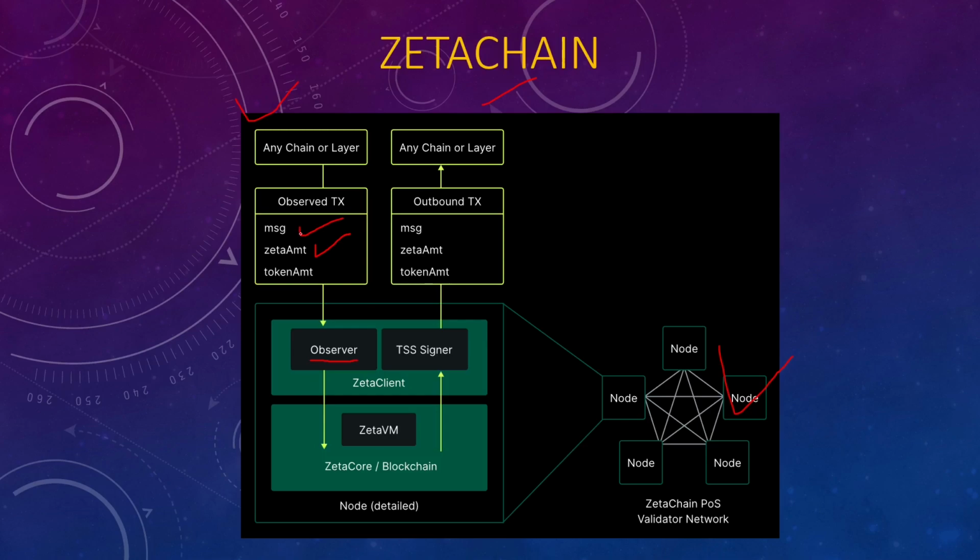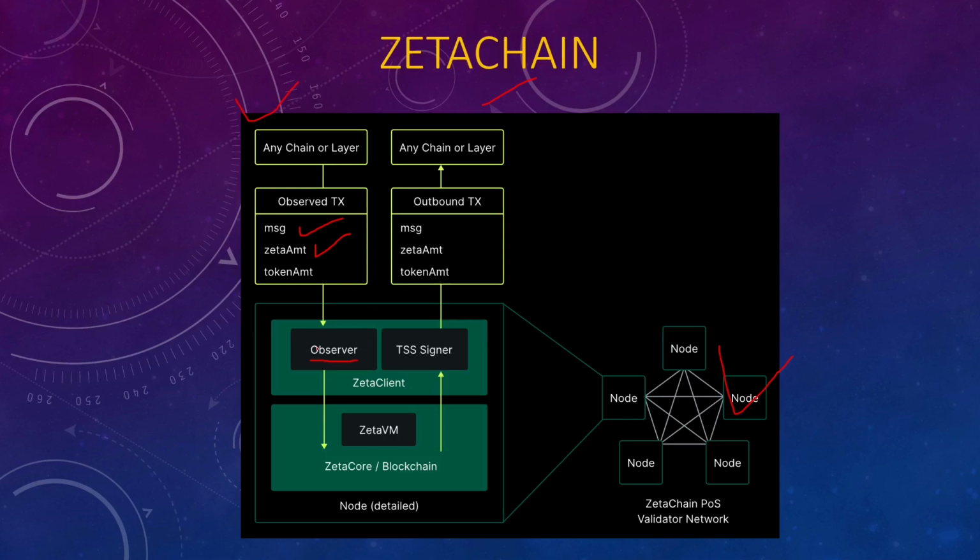It has specific things which will be included in the transaction so that it gets to know that this is the transaction which I have to look for. Specifically, our contract will be sending a message to another contract which is deployed or monitored by the observer, so that when we transact from our contract to the contract deployed by the observer, it gets to know that this is a cross-chain transaction and I have to process it.